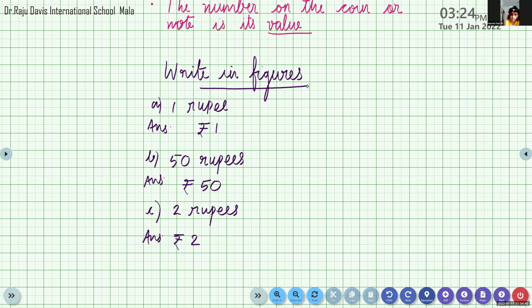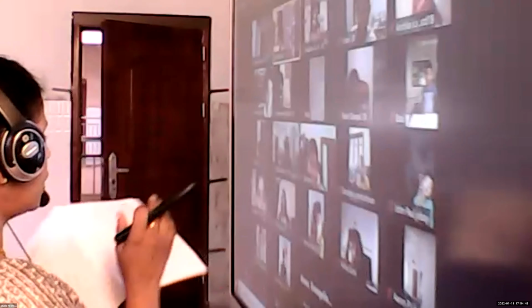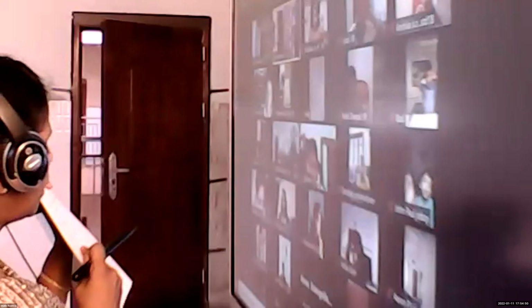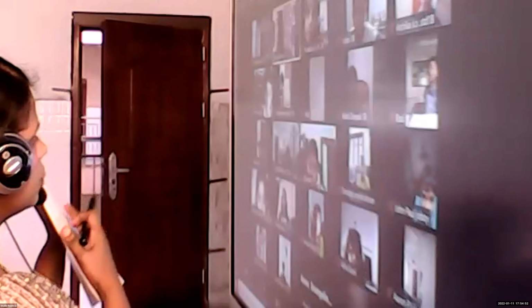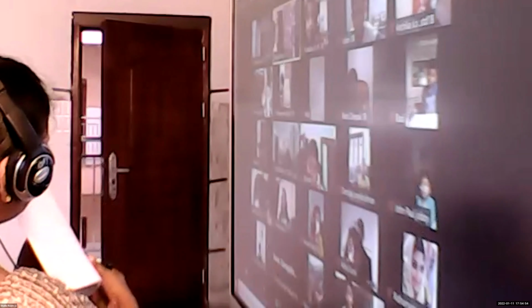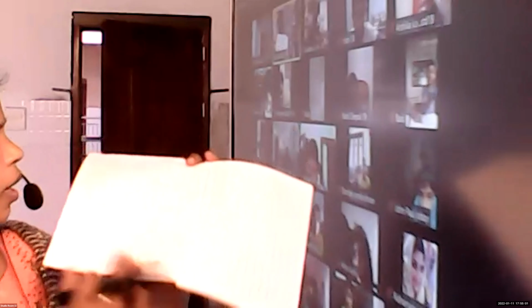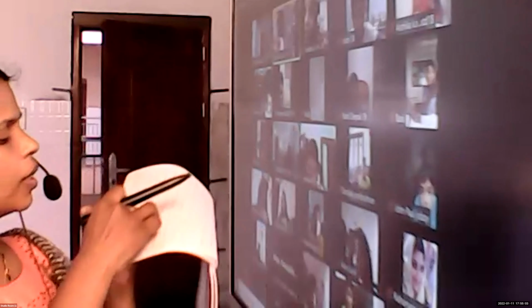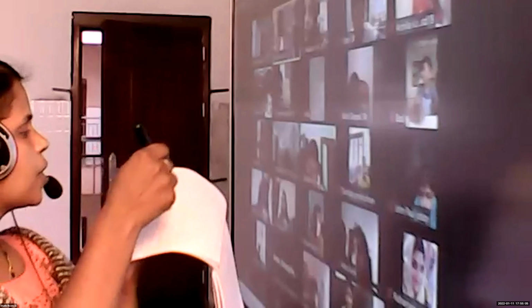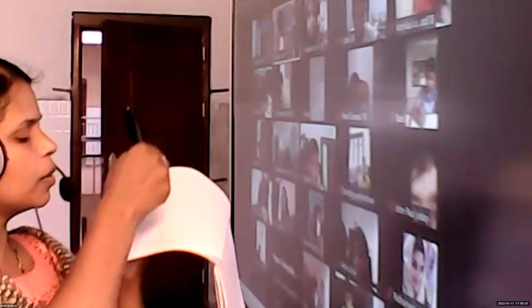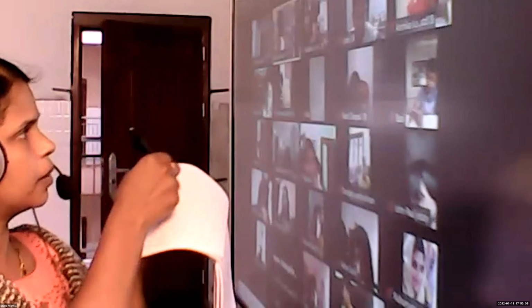Ma'am, I didn't understand. Okay, I will tell. See, take the coin, keep it here. Then you fold like this. And on this page you will get the impression of the coin, just the shape.